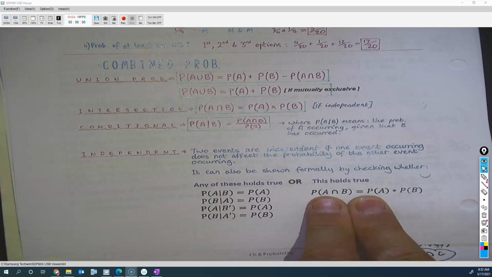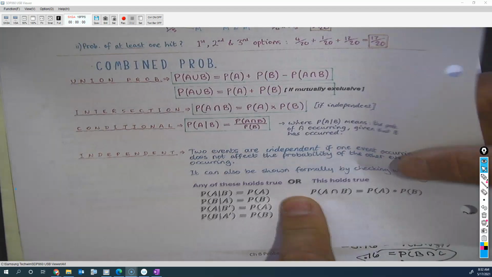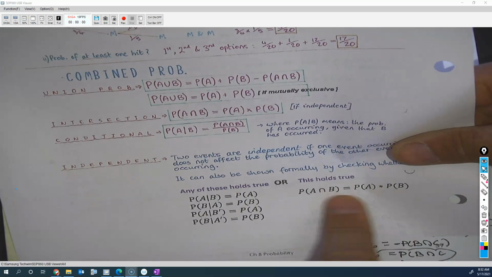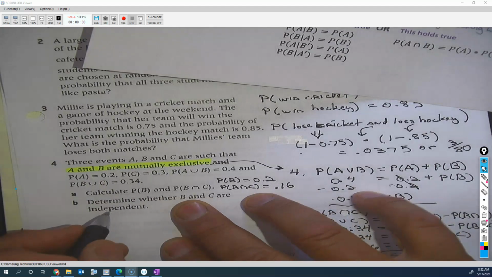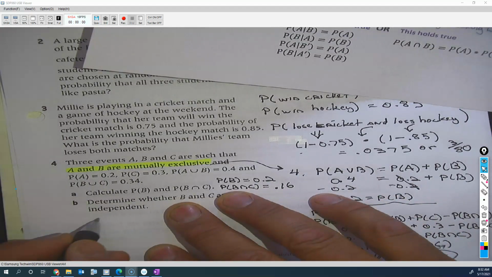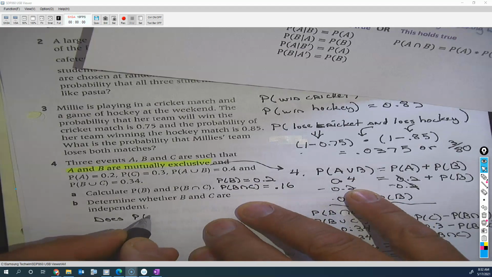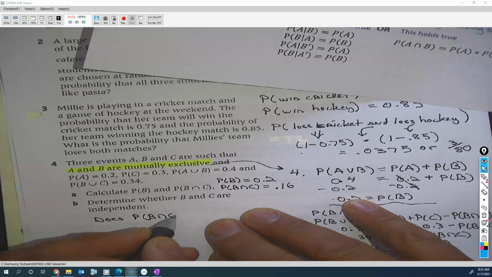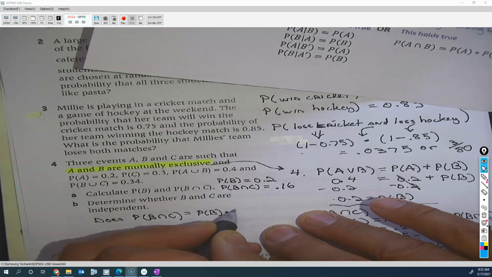We're going to use this test right here. To determine if B and C are independent, we ask ourselves: does the probability of B intersect C equal the probability of B times the probability of C?